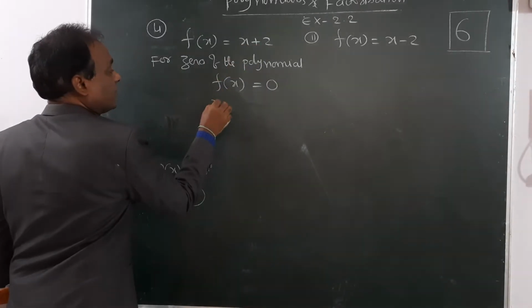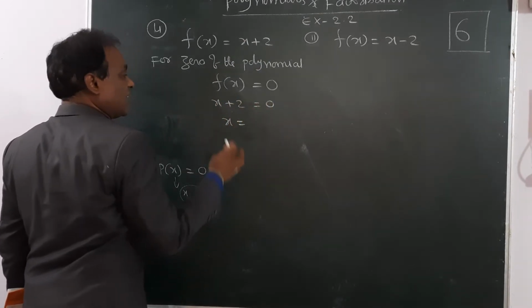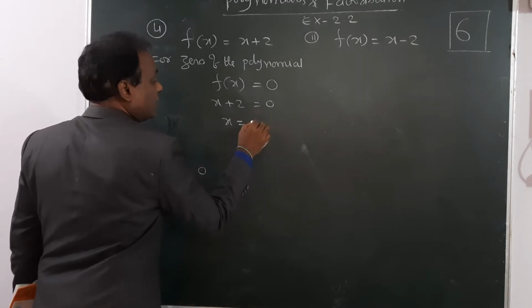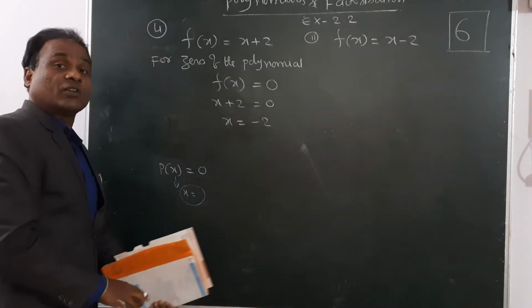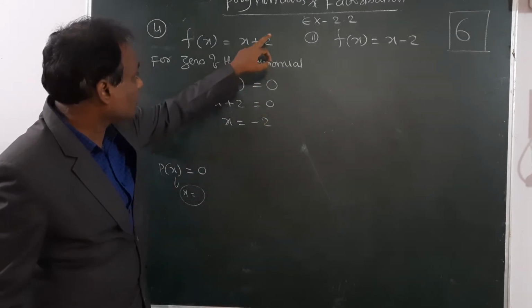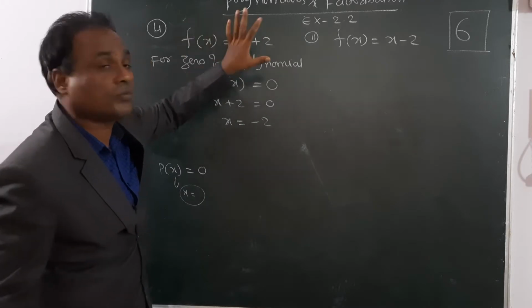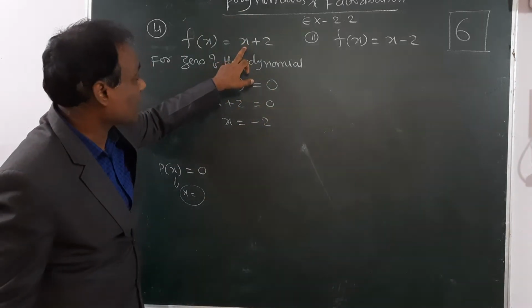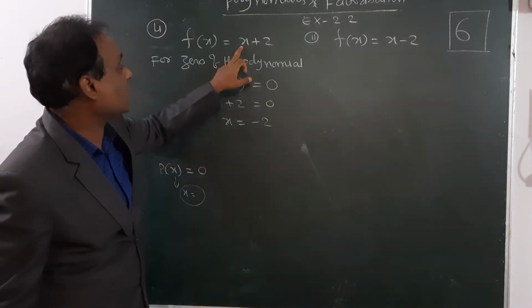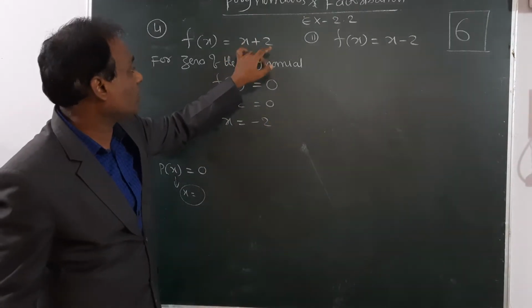Given polynomial is x plus 2. So x plus 2 is equal to 0 means x is equal to, taking plus 2 to the right side, minus 2. Therefore, zero of this polynomial is minus 2. See, zero of the polynomial means the x value for which the polynomial becomes 0. If you write x is equal to minus 2, then minus 2 plus 2 is 0.